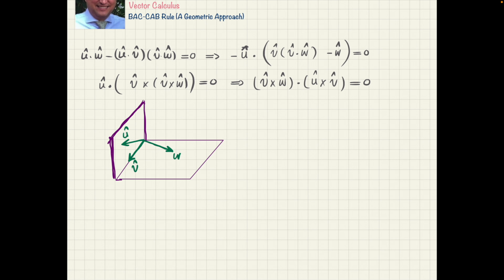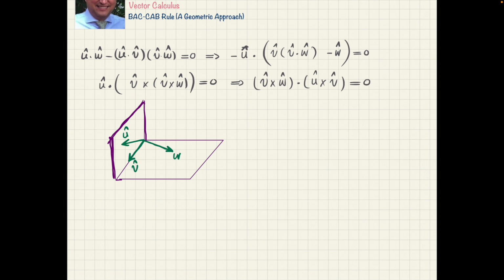So then it becomes perpendicular to the plane containing these two. So this equation can be geometrically interpreted in this way. The plane containing these two vectors, this plane, is perpendicular to the plane containing these two vectors, this plane. Yes, that is the meaning of that.